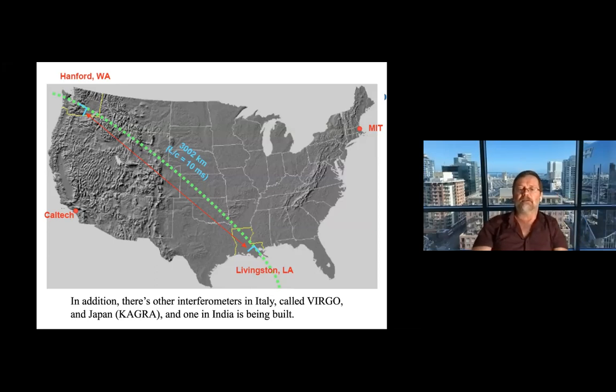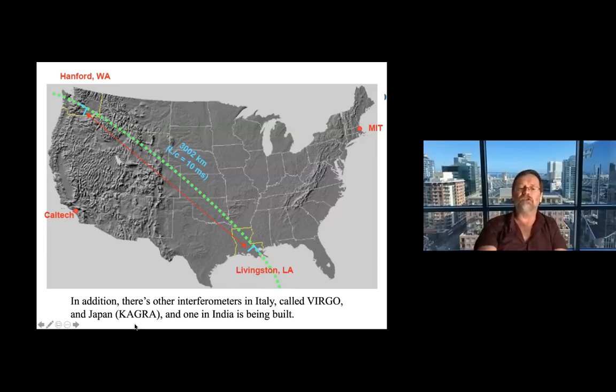So if I read your slide, there's one in Italy, and then Japan, and then one in India near Pune, where it was built? There's one in Italy that's been running for a while. There's one in Japan that I think has its first run this year, and it may have gotten delayed because of COVID. I'm not 100% sure that it's actually run yet.